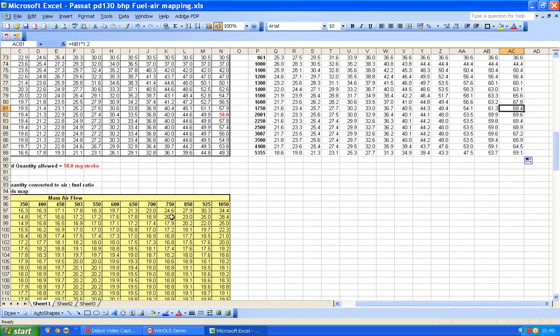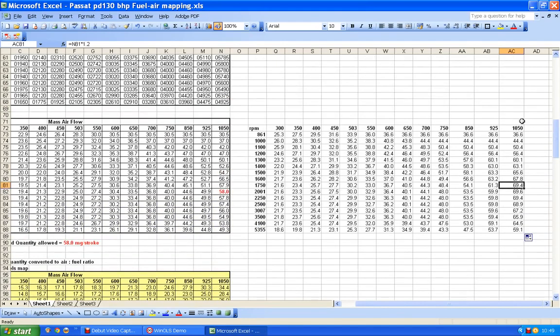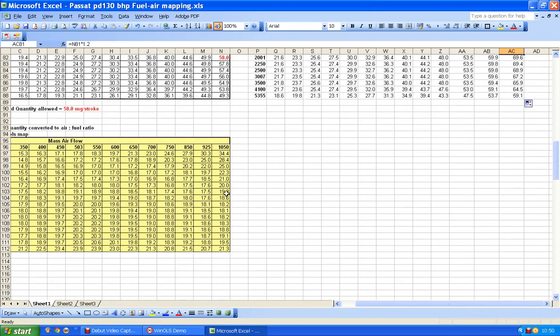If you now redo this fuel-air ratio down here, it's not going to have the same sort of values as it had before, because you've just left the air supply as per original at 1050, but you've got a 20% increase in fuel. So these values are going to dramatically drop.